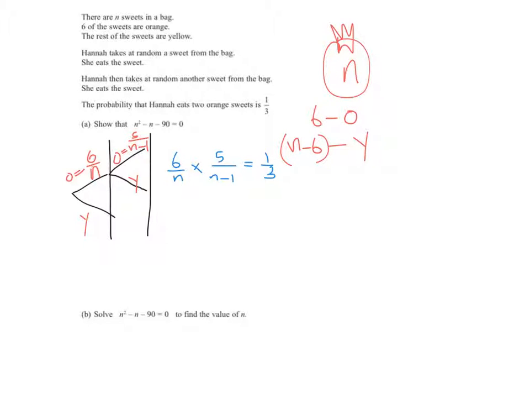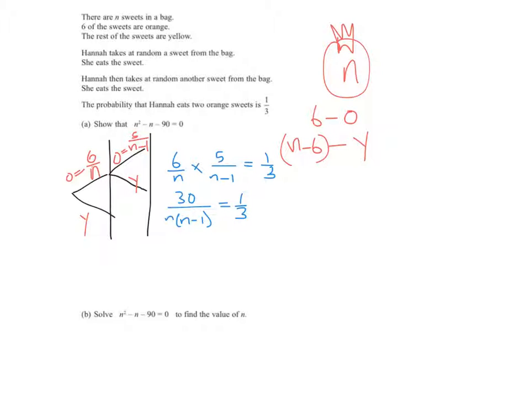So basically all I need to do is simplify this. Let's multiply the fraction out. Multiply the top by the top and the bottom by the bottom. That's going to give us 30 at the top, and then n times n minus 1 at the bottom. That's going to equal 1/3 there.